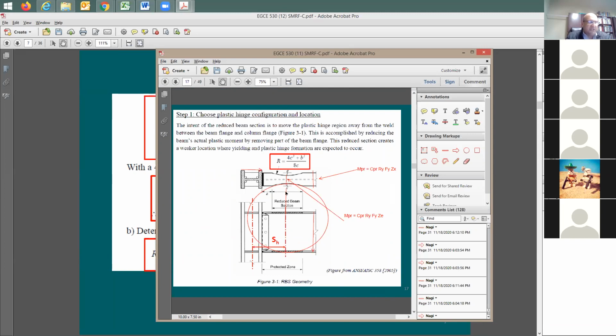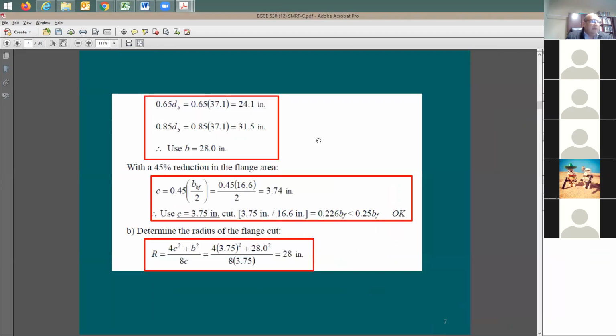Based on previous observations, if this gets very short, you're going to be damaging this area a lot during an earthquake. So you'd like to have a real value, maybe in the middle. 28 inches sounds good to me. I'm not going to go to 24 inches and push the plastic hinge to the left, right? So I'm going to make it some value in the middle. It's going to be good.